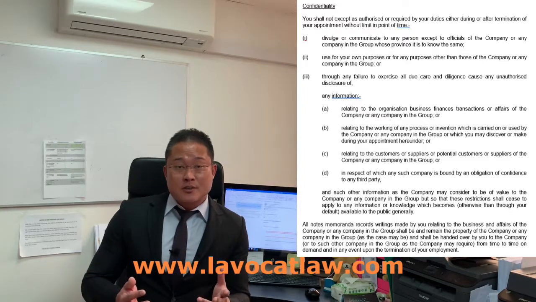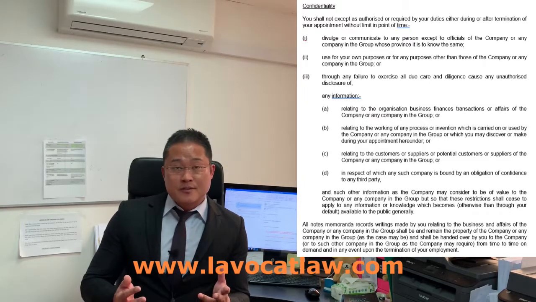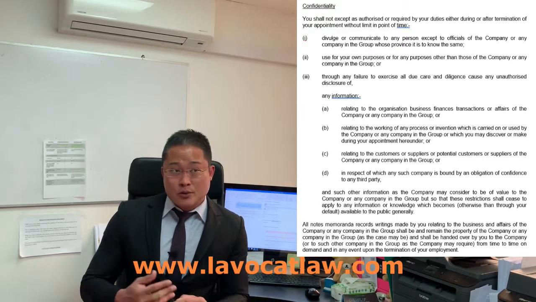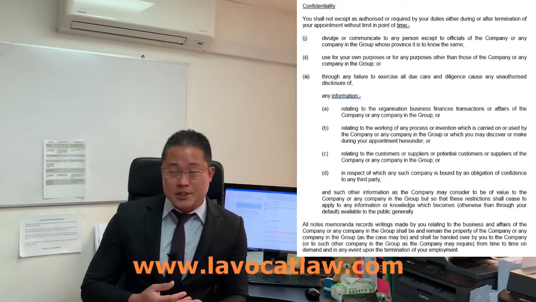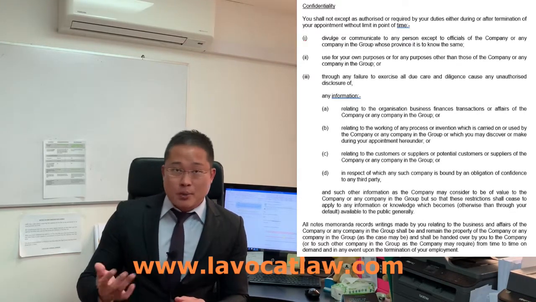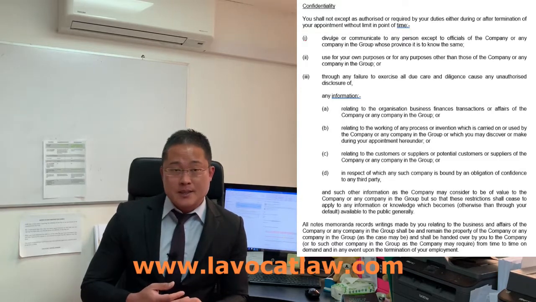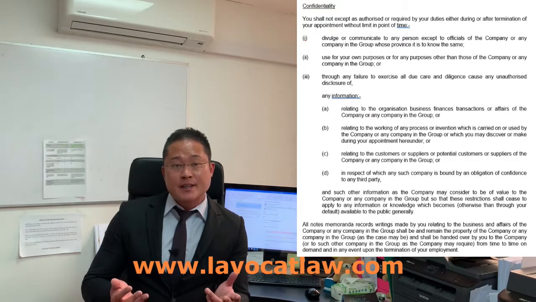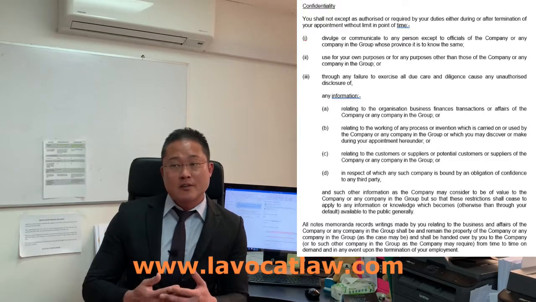Confidential information also would include information relating to customers and suppliers of the company. You don't want them to use this confidential information after they leave, or try to poach the customers or suppliers. And an important catch-all will be any other information that the company may consider to be of value to the company.